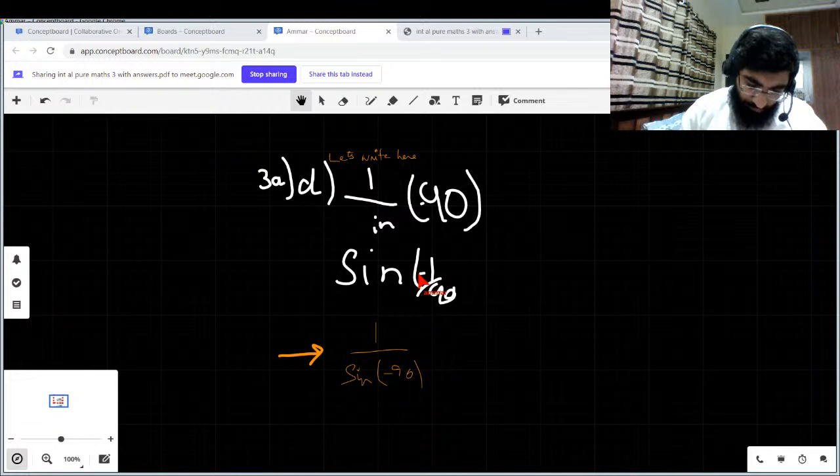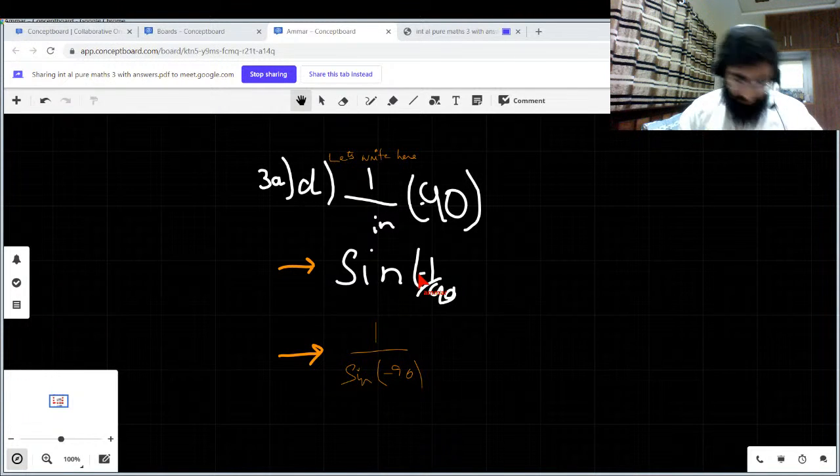Check in the calculator. Minus 1? Put this in the calculator and the answer is minus 1. Oh, I did it already before. But how can it be minus 1?